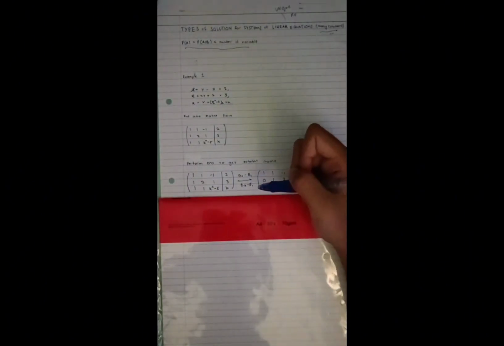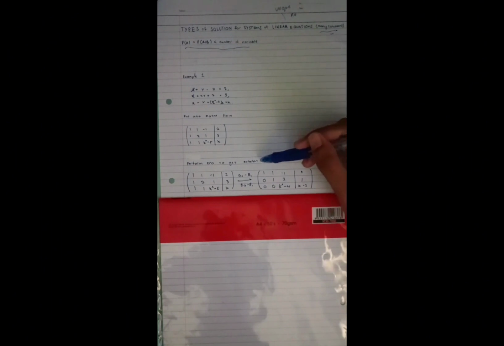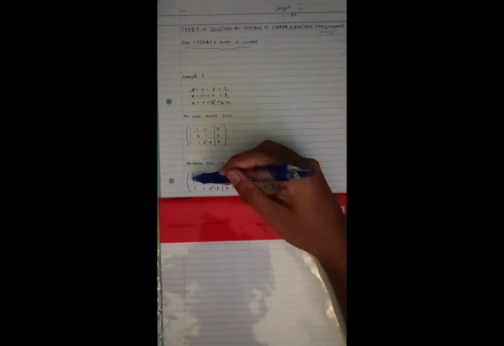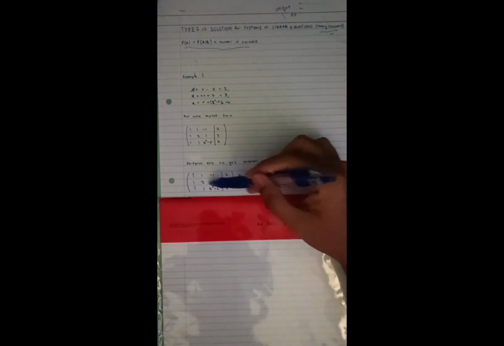To get the equivalent matrix, we need to change the 1 here into 0. So what I do is row 2 minus row 1. So we get 0, 1, 2, and 1.